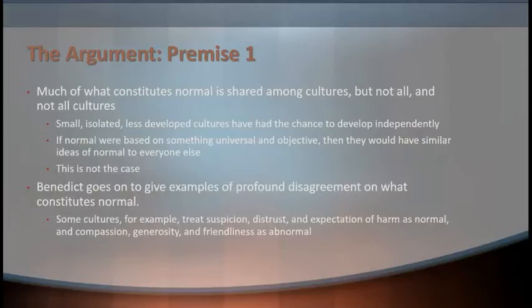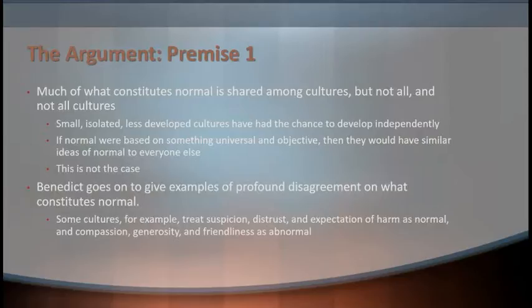Some cultures, for example, treat suspicion, distrust, and the expectation of harm as the normal mindset, that is, the mindset that a person should have. And these cultures treat compassion, generosity, and friendliness as abnormal. That is, the people who act in these ways and have these kinds of mindsets are, in some sense or another, freaks. They're people that are mildly mentally ill or something like that.